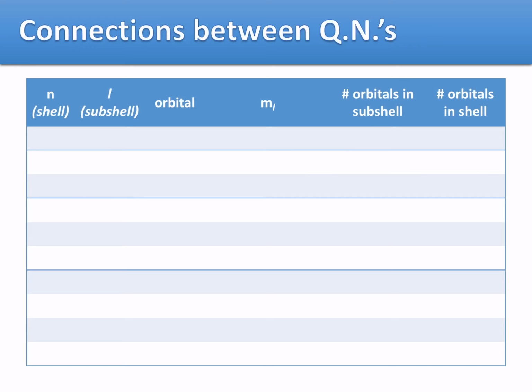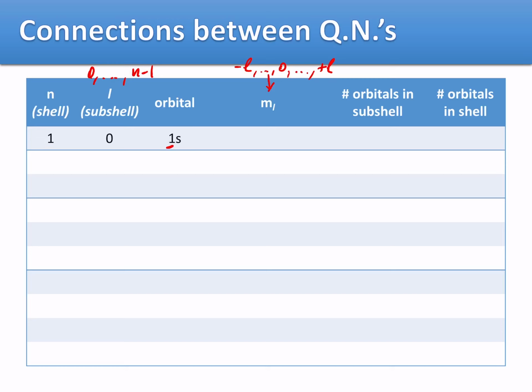So how about we start with n equals 1? Remember, L goes from 0 to n minus 1, and ml goes from minus L going through 0 all the way to plus L. So therefore, if n equals 1, then L can only have the value of 0. For L equals 0, the name of that orbital is s, and then we add the number.